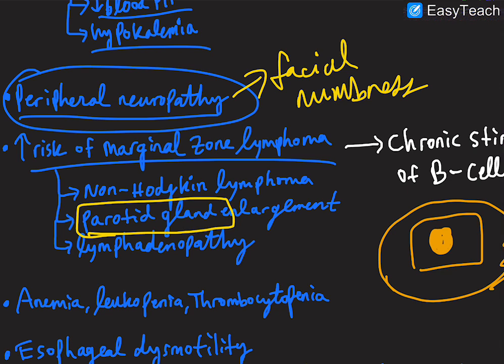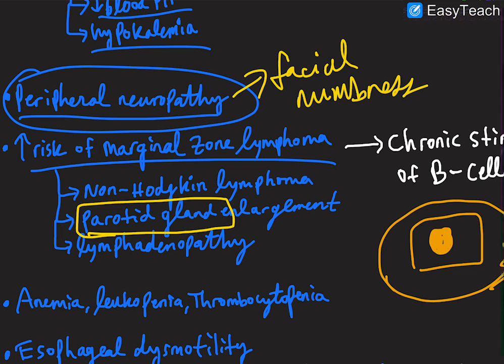So, see, that's how you get marginal zone lymphoma, because you stimulate your B cells over and over and over, right? So you make more and more memory B cells, and as your memory B cells keep on accumulating, you have an increased chance of forming mutations in your memory B cells, right?